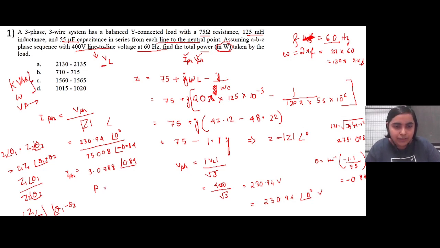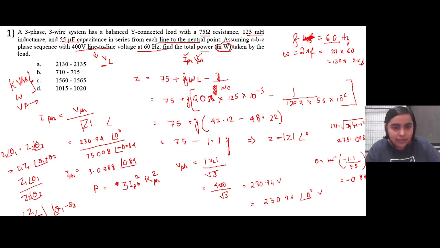So power will be equal to I square R, so I phase square into resistance of each phase. Now there are three phases in the circuit, so it will be the summation of all of them.